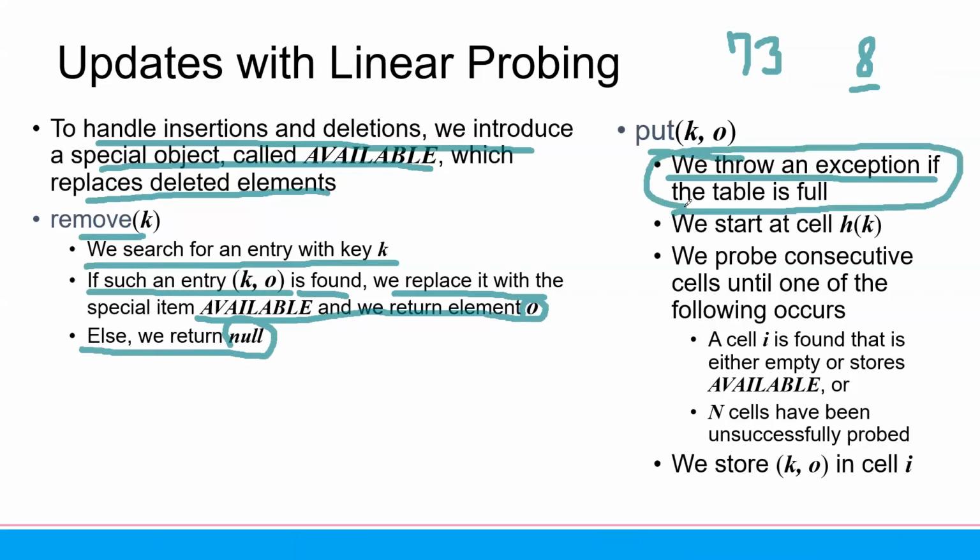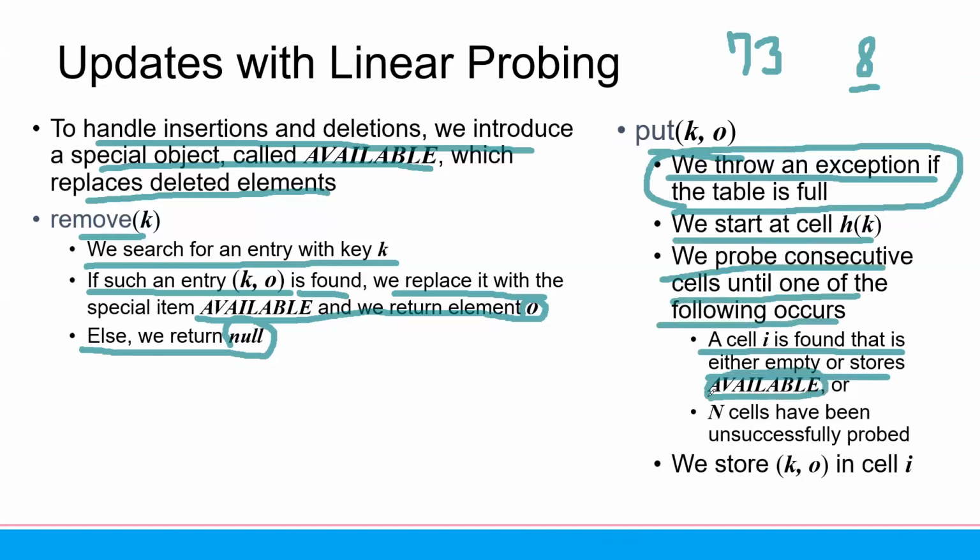So the table might be full. So with the linear probing, if the table is full, you cannot add more items. And then we start at the cell h(k). We probe consecutively until one of the following occurs. A cell i is found that is either empty or stores available.